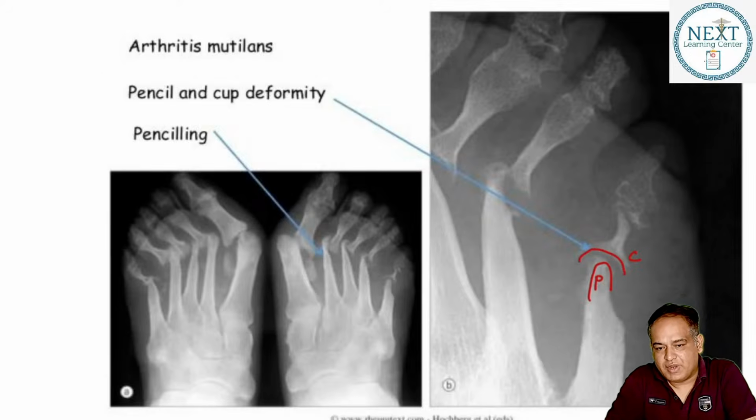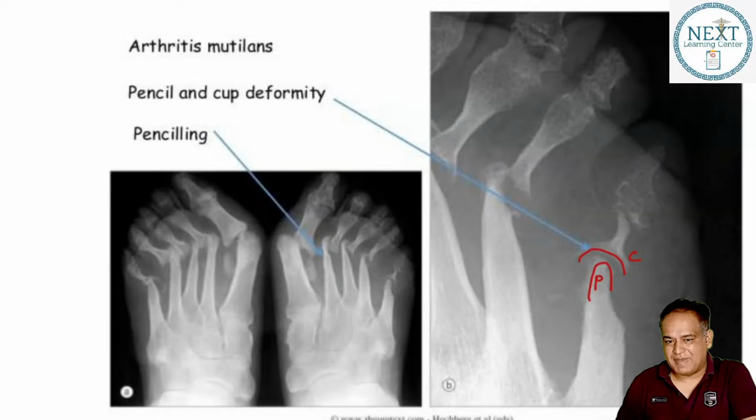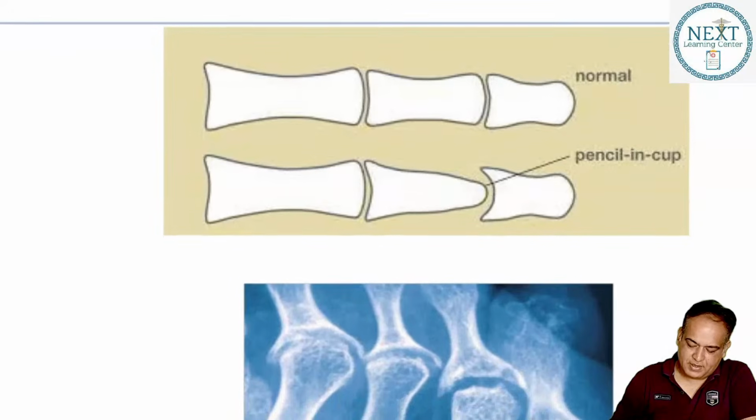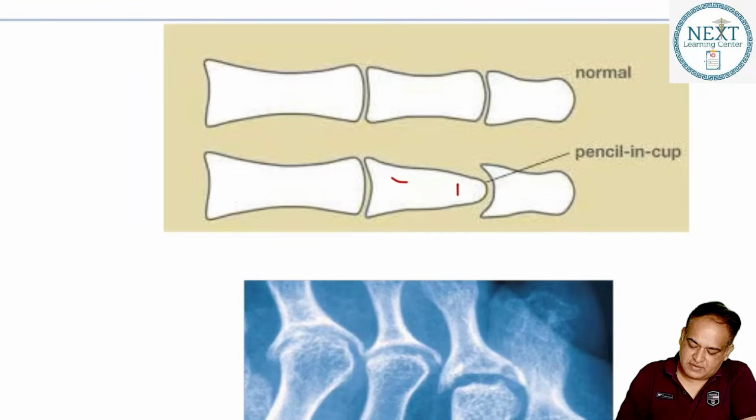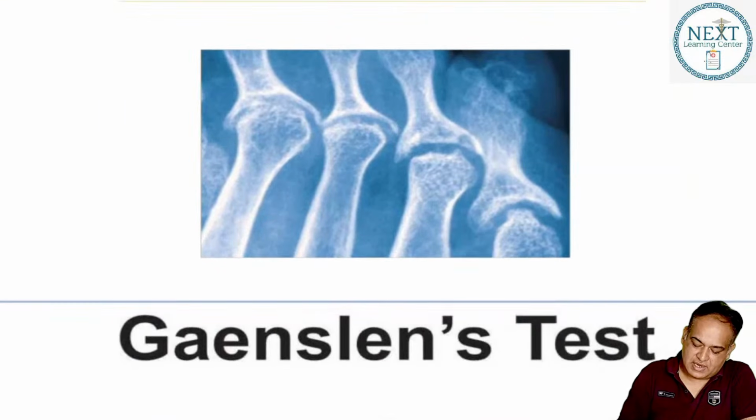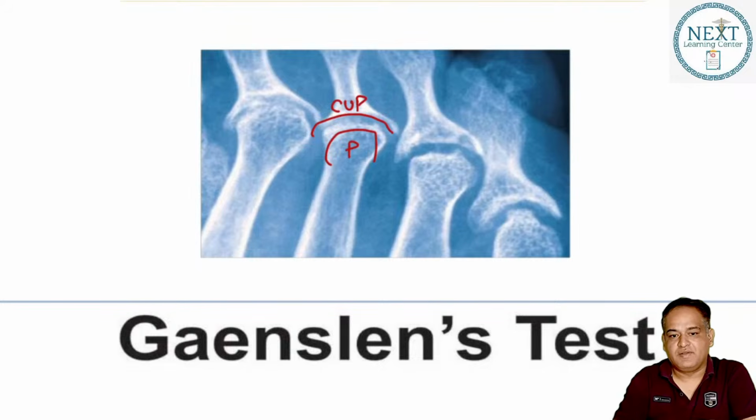This is what we get to see on the X-ray. So you see this is the pencil and this is the cup. Pencil cup deformity.